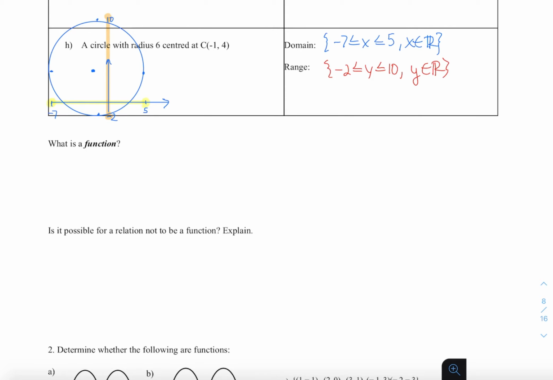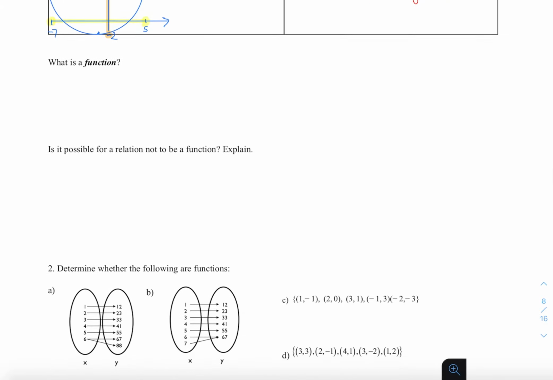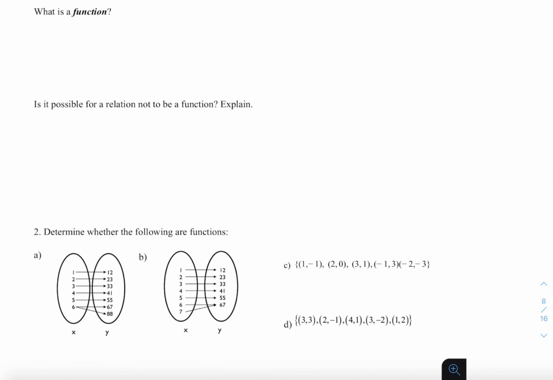All right, now it's time for a definition of a function, which is really important. The definition of a function is very similar to the definition of a relation, but with one really important change.